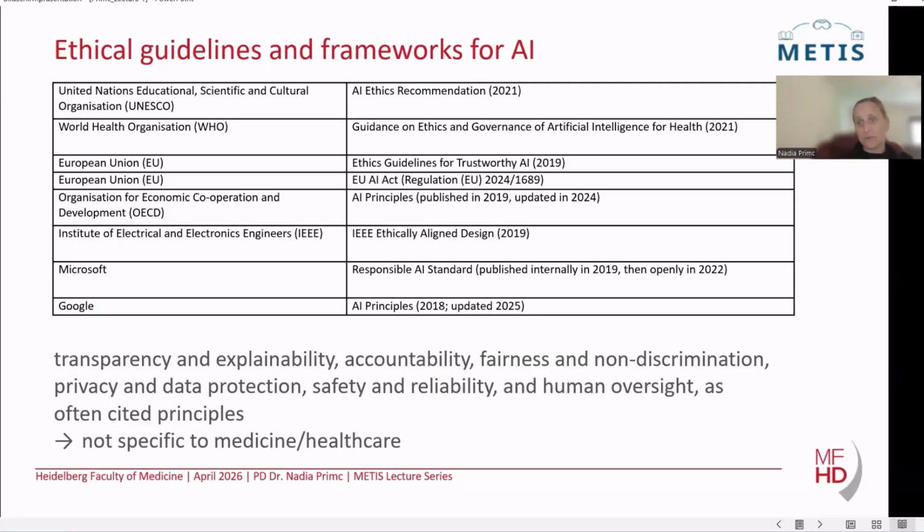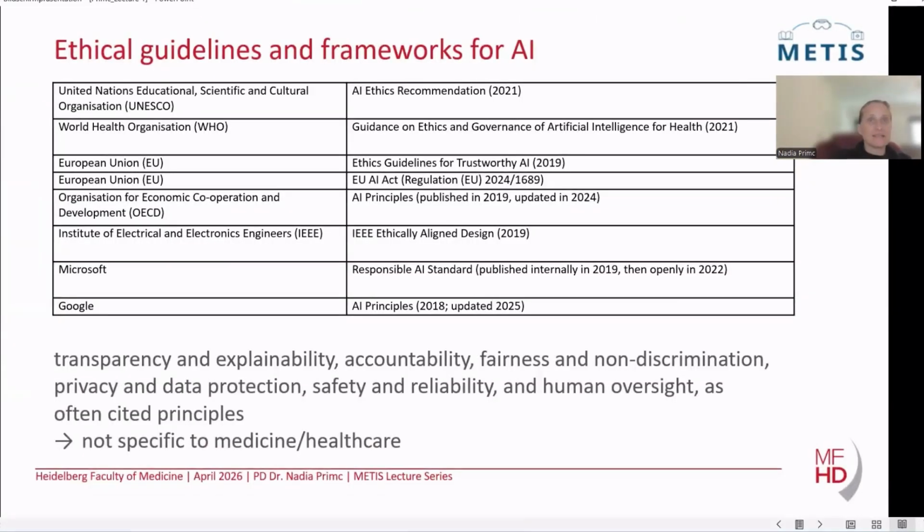These are the principles that you would most often encounter when you look into different frameworks for AI. And they are not wrong, but these principles are not specific to medicine and to different clinical contexts. They were mainly developed by computer scientists, engineers, legal scholars, and policymakers, and they engage only superficially with clinical practice and with the field of medical ethics.